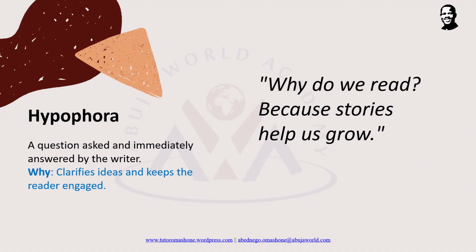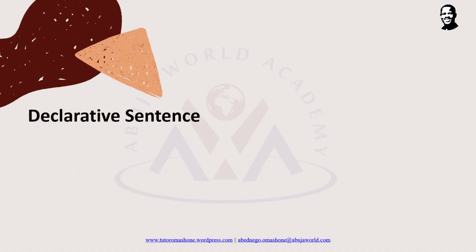All right, so let's proceed to the next one, which is declarative sentences. Declarative sentences. All right, so what are declarative sentences? I think almost everybody in this video should know what declarative sentences are.